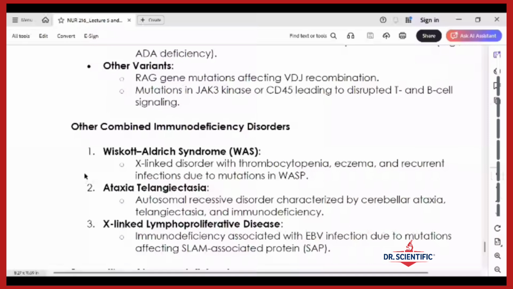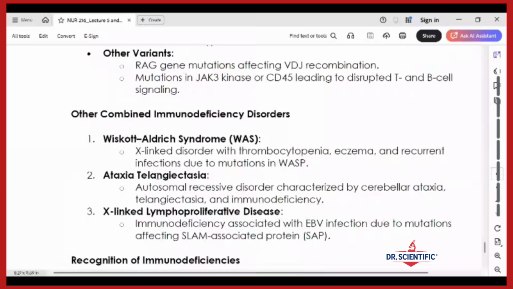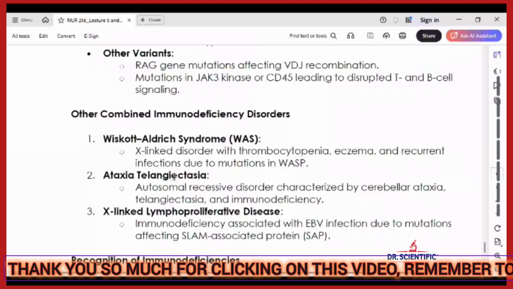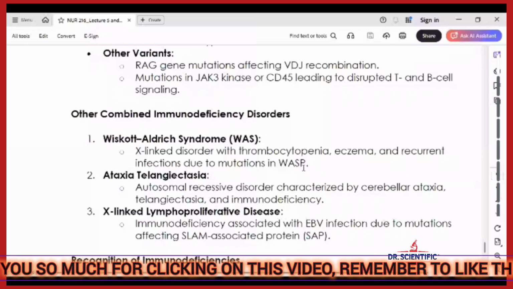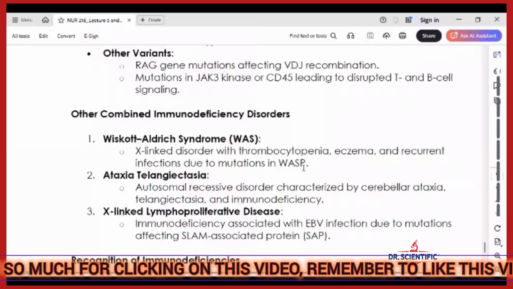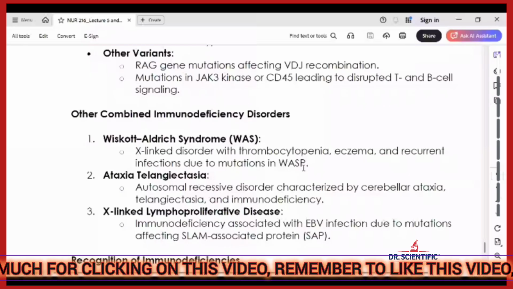So the Wiskott-Aldrich syndrome, and these individuals end up having thrombocytopenia, eczema, and recurrent infections. This is due to mutations in the WASP protein, that is the Wiskott-Aldrich syndrome protein. Mutations in that particular gene then lead to those conditions.